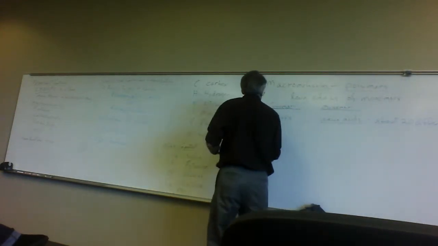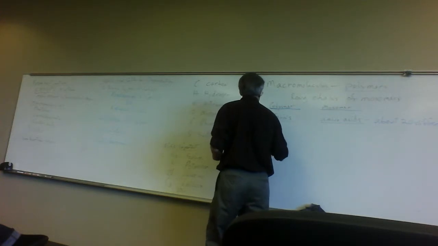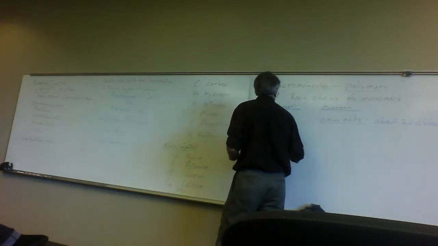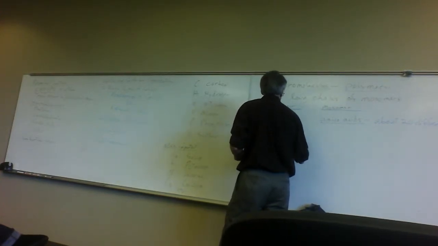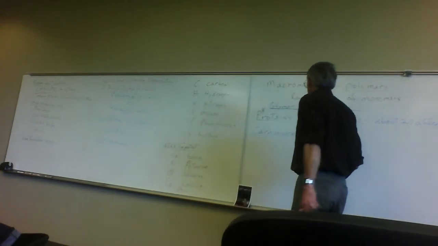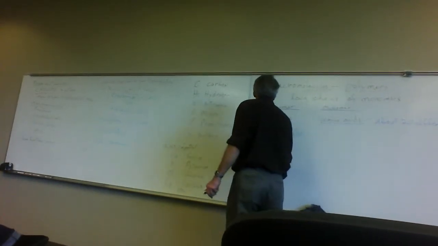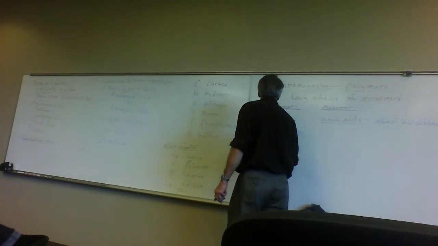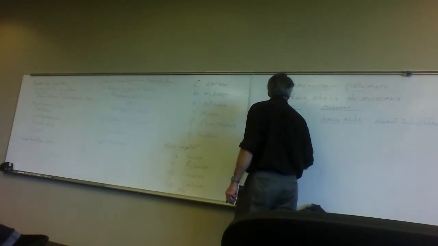The next one we'll put out is carbohydrates, or we can also call these polysaccharides. As I said, we'll talk more about these in the future. This is just a quick introduction. Carbohydrates, you can also say polysaccharides.